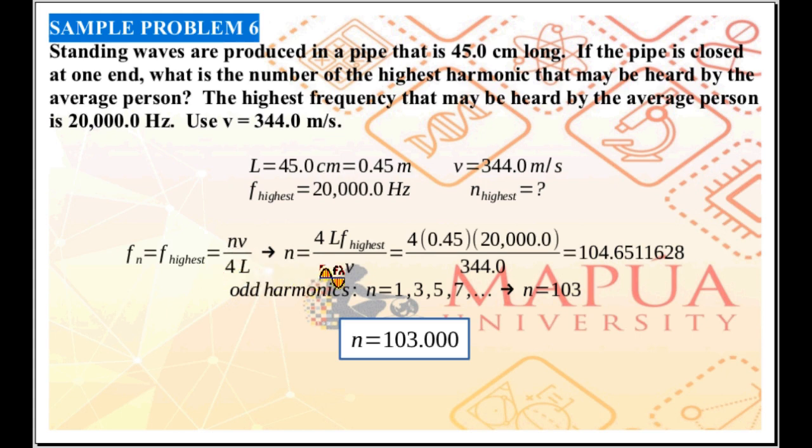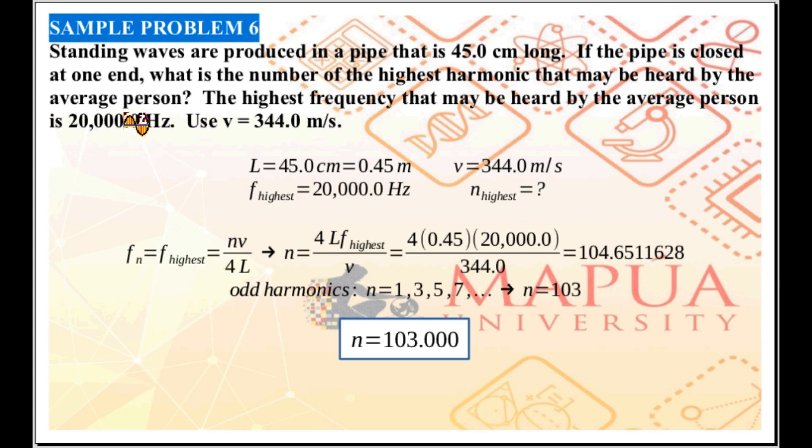Isolating n, we get the harmonic number that will give us the highest frequency that may be heard by the average person. So plugging in the values, we are able to determine that n is equal to 104.6511628. The harmonic number that will give us F highest.